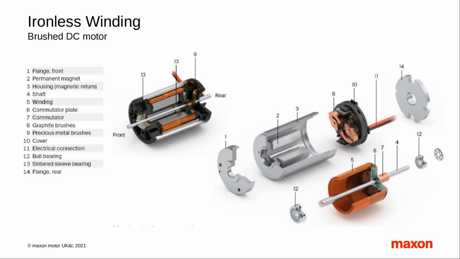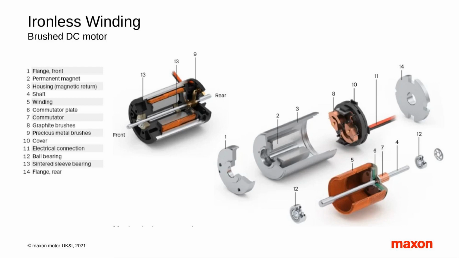The other benefit, if you take with the ironless winding, is if you look at components identified as number 2, which is in the heart of the motor body, that is the magnet. And the traditional way of making a motor is to wind the copper around iron laminations and put the magnet around the outside of the motor. When you take the iron out and you have a winding like item number 5 here, you're able to put the magnet in the heart of the motor.